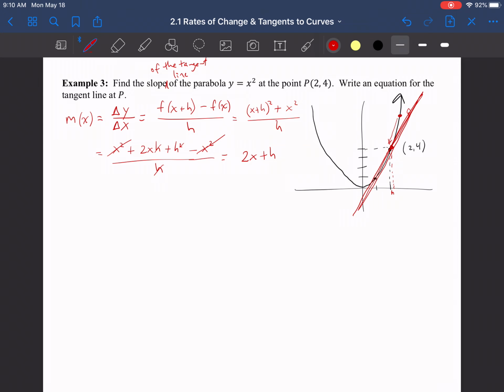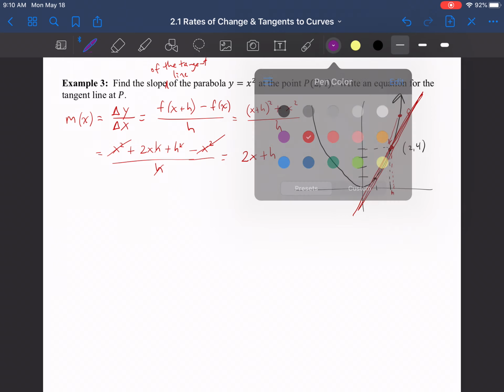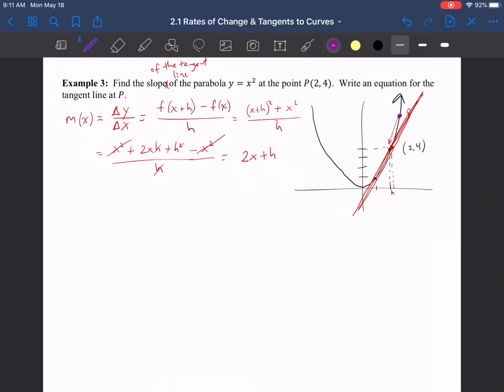And so that's our result for any q that we might pick. So our q might be way up here, and that would be the slope of that line right there. But what we want to look at is as h goes to 0, then this becomes m of x, our slope at x, which becomes 2x, because h is going to get so close it basically becomes 0.